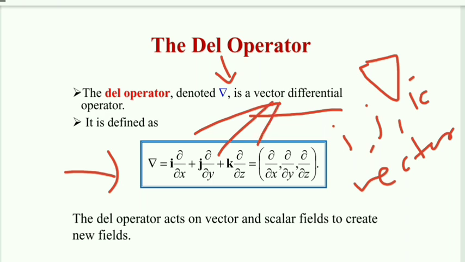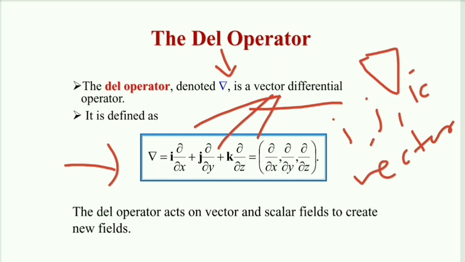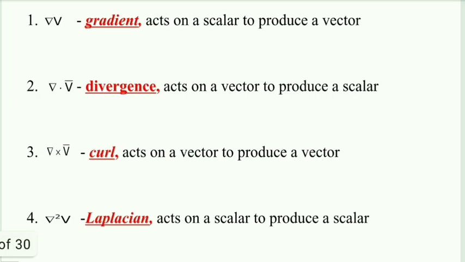What del does is act on either a vector or scalar field and create a new field. That new field may be either a scalar field or a vector field.